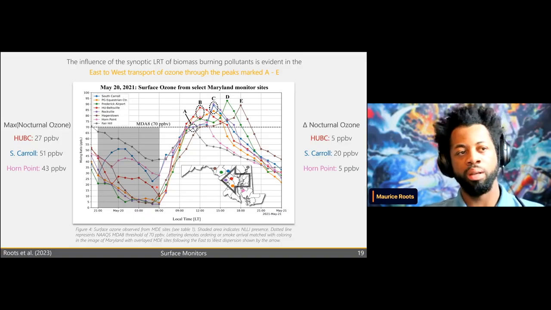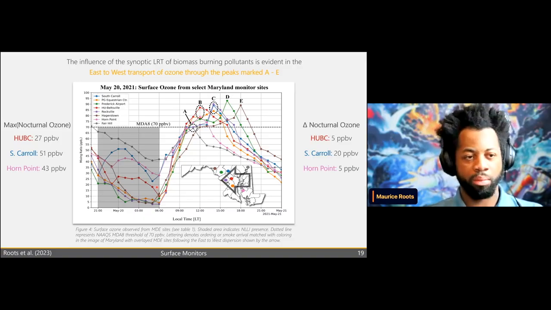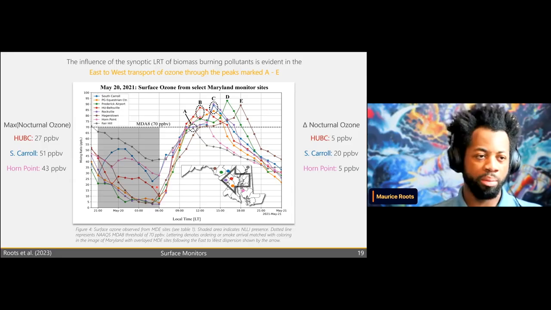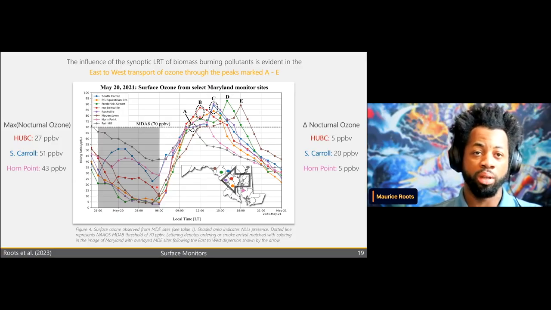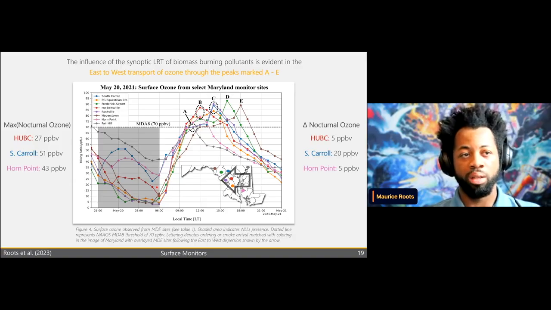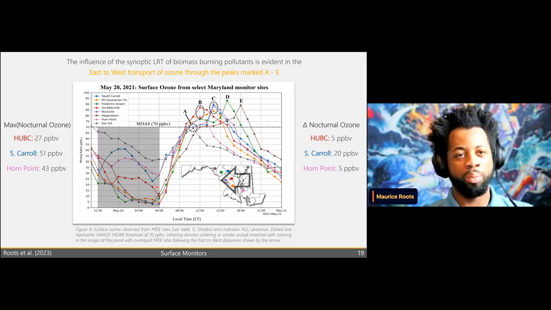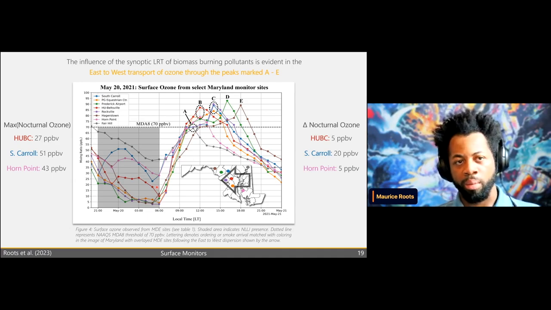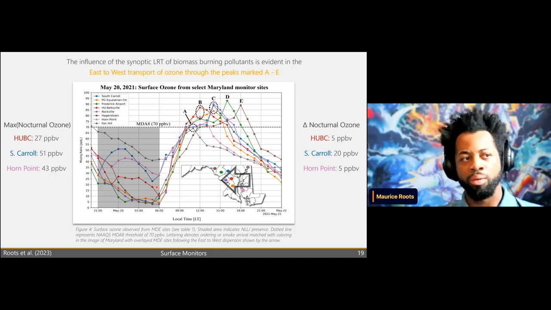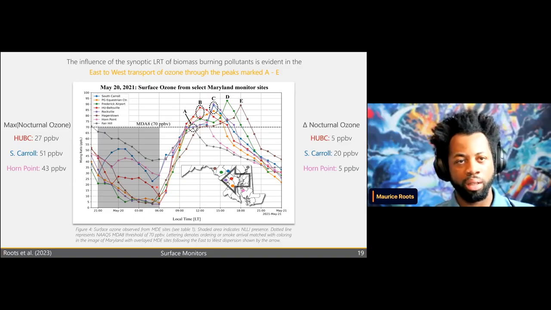So when the sun comes up, near UV light hitting an NO2 molecule will photolyze, and you get an increase in ozone. Specifically during the night, I'm not aware of something direct like that, but definitely in the early morning.